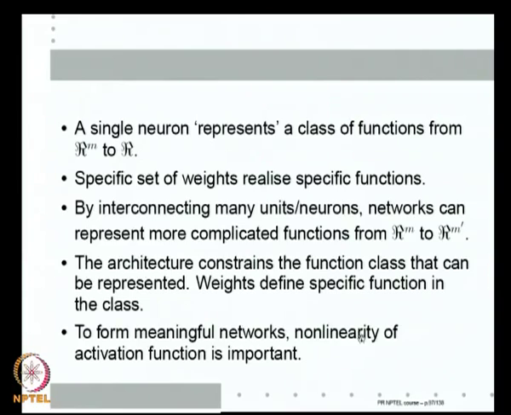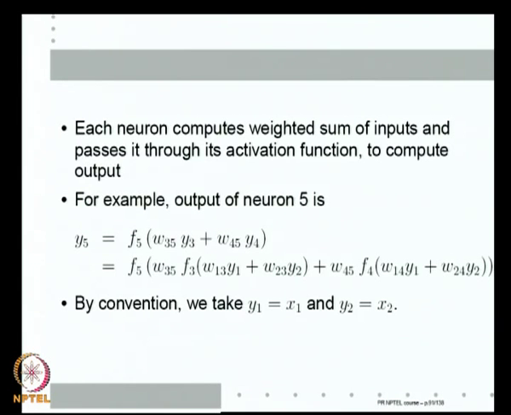And finally, to form meaningful networks, nonlinearity of the activation function is important. Look at this function. Suppose f3, f4 and f5 are all linear functions. Then f3 of this is some linear function of y1, y2, which is x1, x2; f4 of this is some linear function of y1, y2. So, I can write the whole thing as a linear function of x1, x2. Now, if f5 is also linear, the whole thing is a linear function of x1, x2.